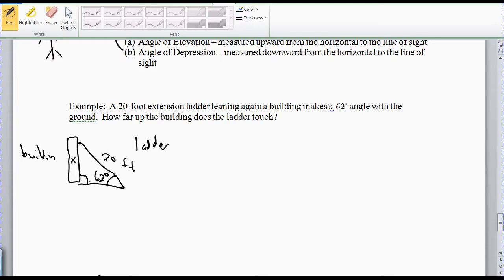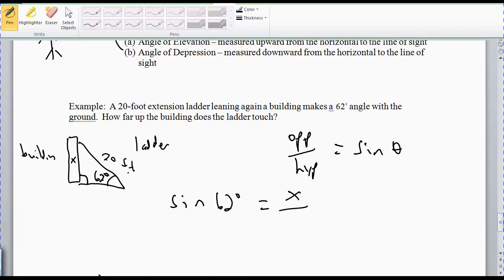And this is a right angle, by the way, that the ground makes with the bottom of the building. So if you look at this angle, this side is the opposite and this side is the hypotenuse. Well, what do we know is opposite over hypotenuse? Sine of theta. So that's what we're going to use. Sine of 62 degrees is equal to the opposite, which is x, over 20 feet, because that's our hypotenuse.